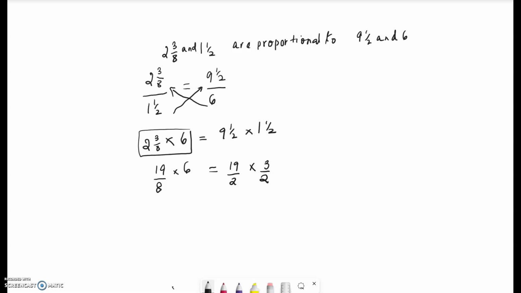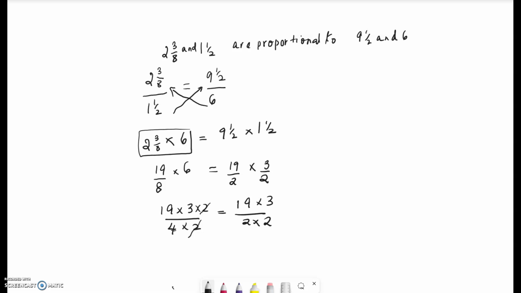So let's check. So that's 19 times 6 is 3 times 2 divided by 4 times 2. That's the left side. And 19 times 3 over 2 times 2 is the right side. Here we do have a common factor, and there are no other common factors because 3 and 19 are odd, and the only factor of 4 is 2.